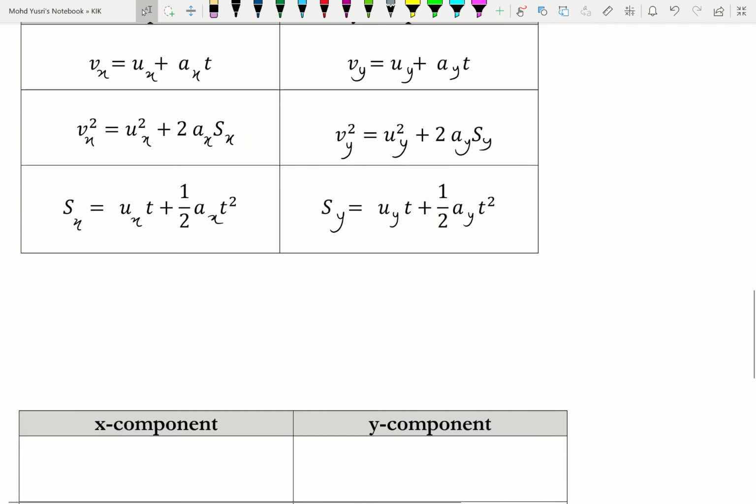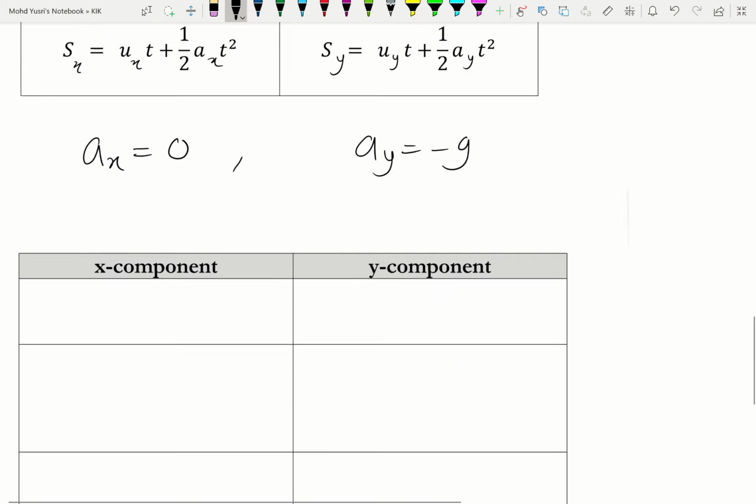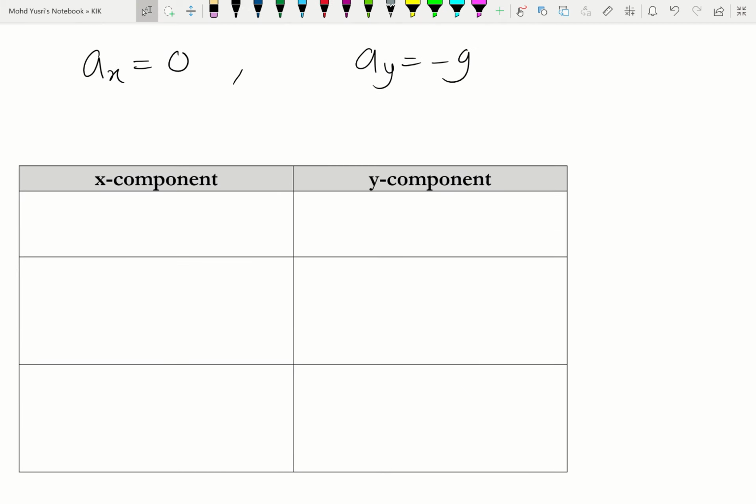However, we can simplify the equations because we already know that acceleration in the x component is 0, while the acceleration in the y component is negative g. Can you simplify the equations by yourself?